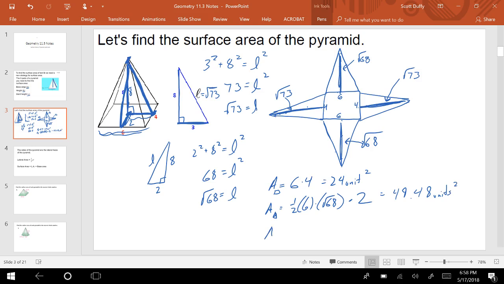And then for the area of the left and right triangles, 1/2 times their base, which is 4, times their height, which is the square root of 73. There are 2 of them, so you multiply that by 2, and you get 34.18.